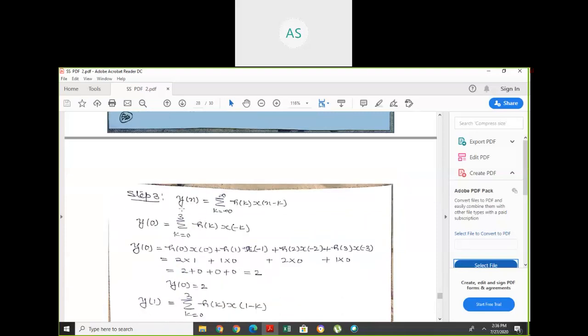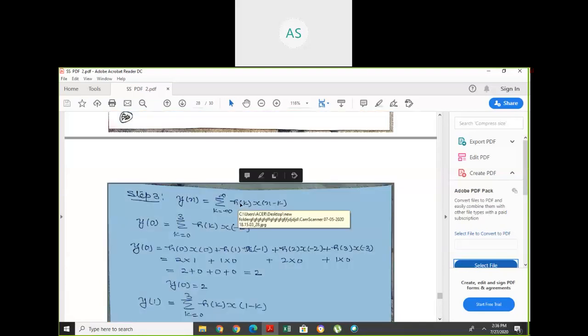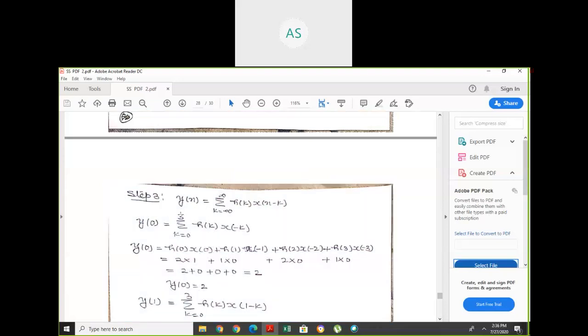Then, in the third step, write y of n is equal to the summation from k equal to minus infinity to plus infinity of h of k, x of n minus k, and then substitute the value n is 0, and substitute the value of k.